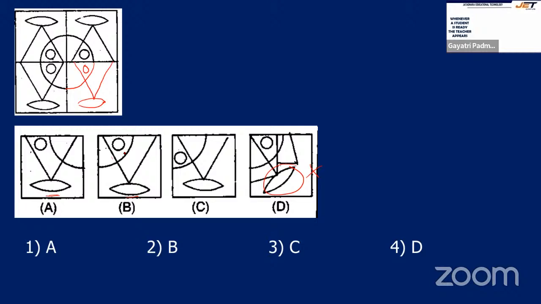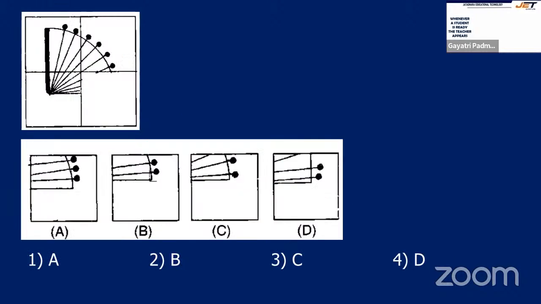That you need to check. See how cleverly this and this is being framed. After the line only you have the circle. You don't have the circle before the line. So the possibility of your option B is more than C. Let's check the answer. It is B. See, this minute small difference is going to change your answer.